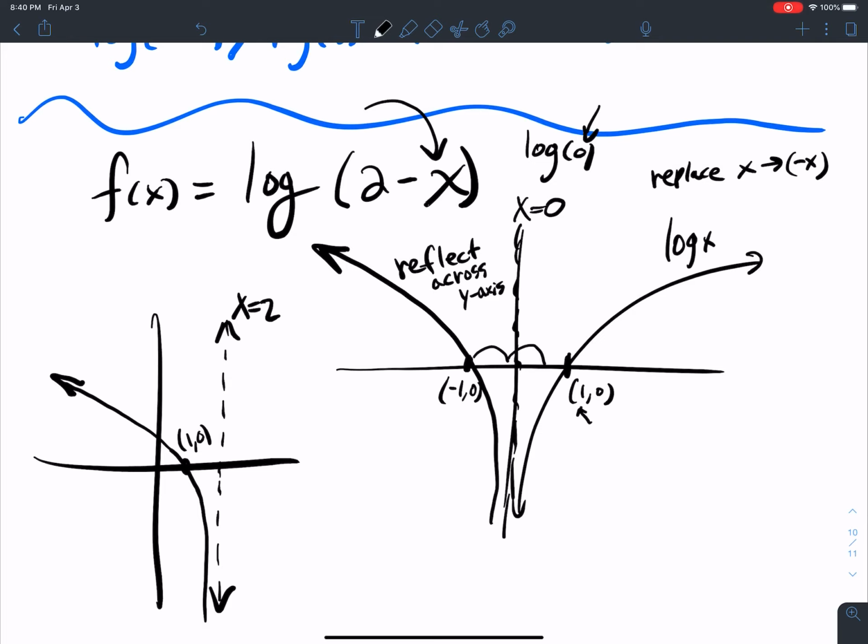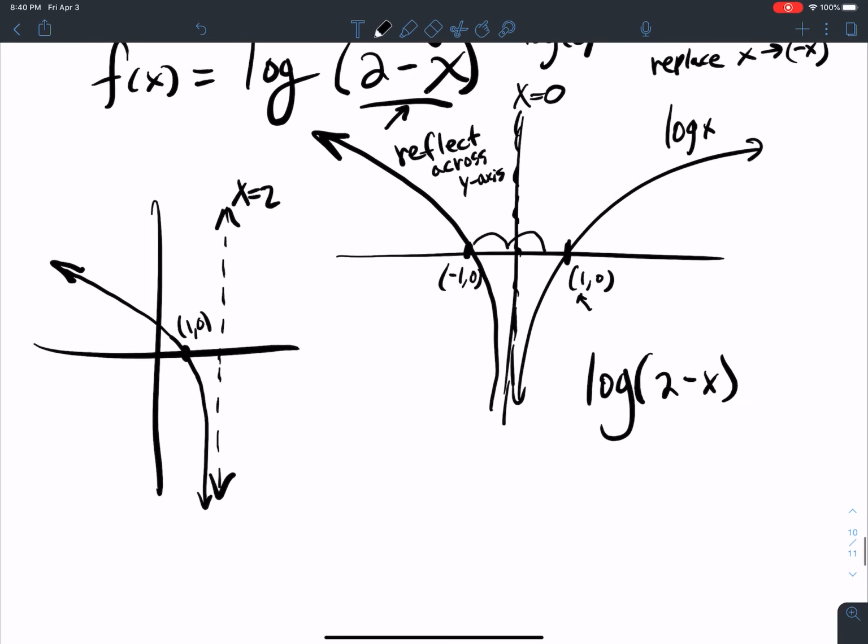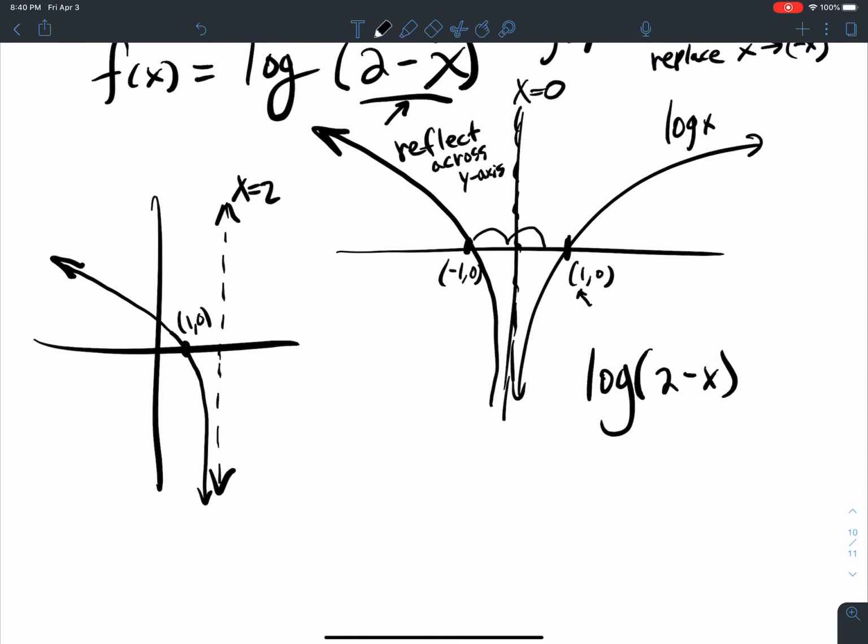Okay, so I hope that helps, because this one's really weird. What's going on in here? My x is negative, so to make sure that the log is positive inside, I've got to pick values of x that make this positive. So that means 2 minus x has got to be greater than 0.